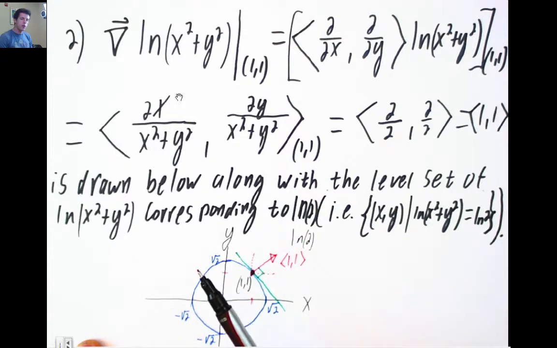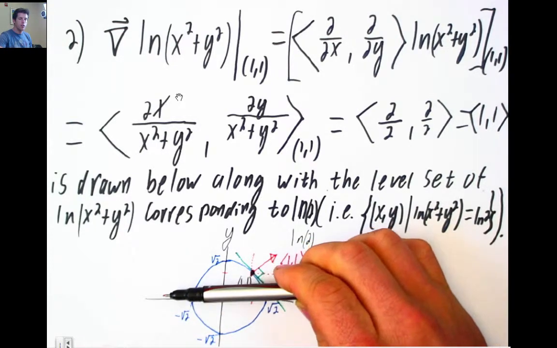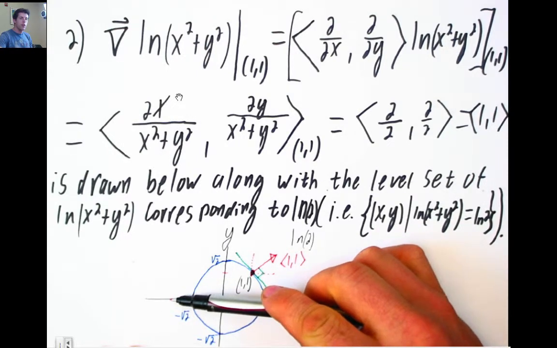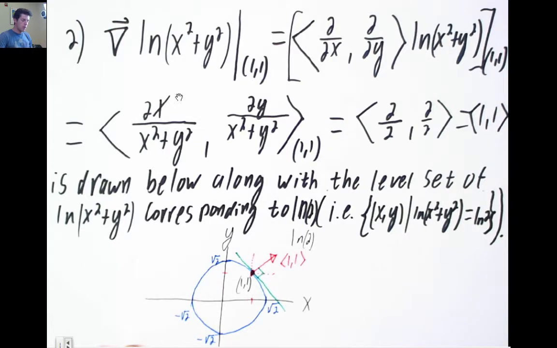If we looked at the gradient over here at this point, it would point in that direction, normal to the level set. And if we looked over here, I'm thinking of this point right here at the end of my red pen, the gradient vector would point that direction. Okay. So the gradients always point normal to the level sets.